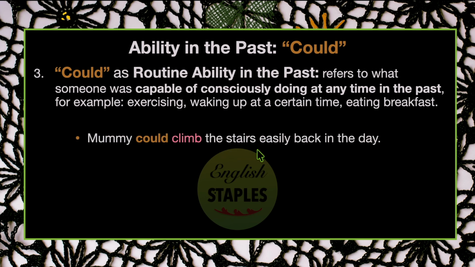Mummy could climb the stairs easily back in the day. Mummy is another name for mother. Some people say mom, some people say mommy. Climb the stairs is a verb phrase and it means walk up the stairs.